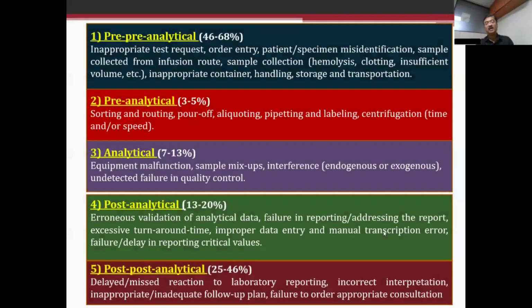Now, if I elaborate, I have further differentiated pre-analytical errors. They can be improper test request, improper order entry, misidentification of patient or specimen. That means somebody else's vial has been taken in the name of somebody else. That has happened with me several times.